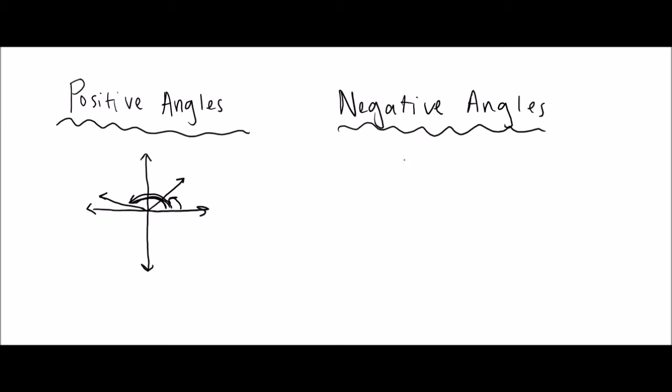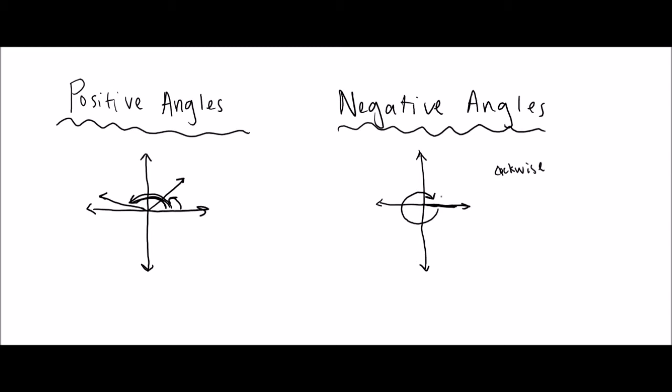Alright, and for a negative angle, if we draw the same XY plane, we would be moving in the opposite direction, so we would be moving clockwise. So in this case we would start at the initial side and move in this direction.